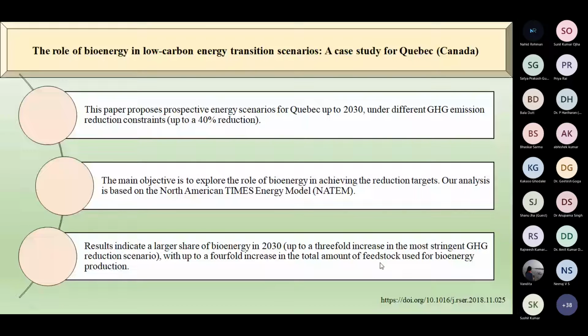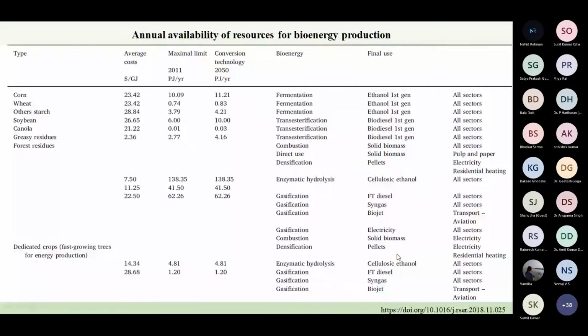So this is the condition. Feedstock should not be limiting. This much you have to ensure. So here they compared the annual availability of different resources for bioenergy production utilizing these processes.